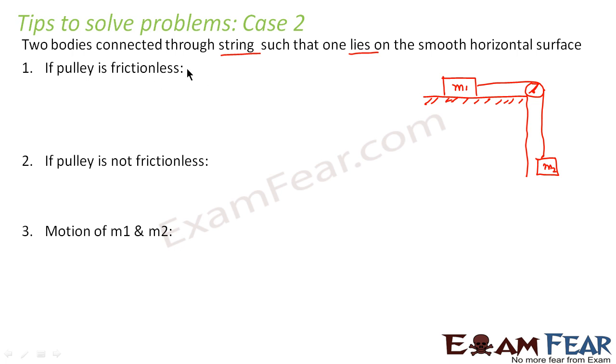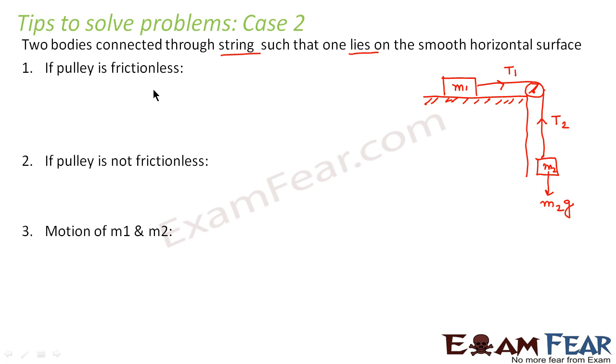So in this case, the first case we consider is if the pulley is frictionless. Now if the pulley is frictionless, here again, in this case also we will have this tension T2 for M2. This will have the weight acting downwards, that is M2 into G. Here also we will have the tension T1 acting in this direction.